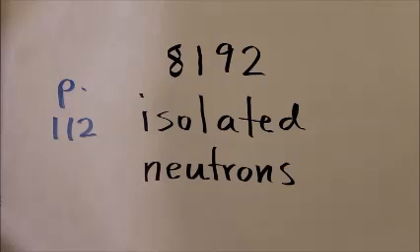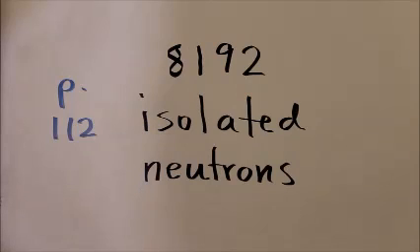As things turn out, whether you use the slightly incorrect definition on page 112 or the correct definition that I'm going to provide you with now, you'll get the same result. The same answer applies here. Isolated neutrons have a mean life of approximately 15 minutes.